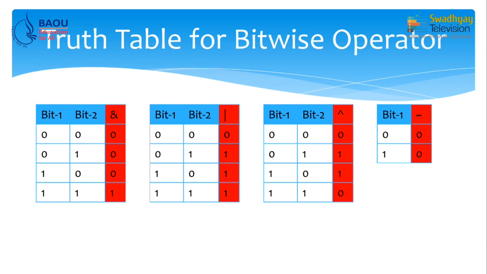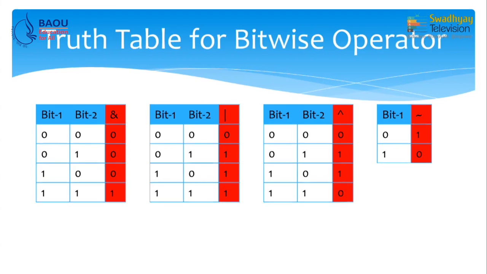Suppose the bit from the first operand is 0 and the bit from the second operand is 0, then AND returns 0. Similarly, we have 0 and 1, the result is also 0, because one operand is 0. Likewise, we have 1 0, result is 0, and if both bits are set to 1, then AND returns 1.